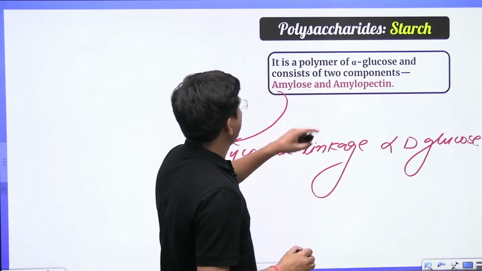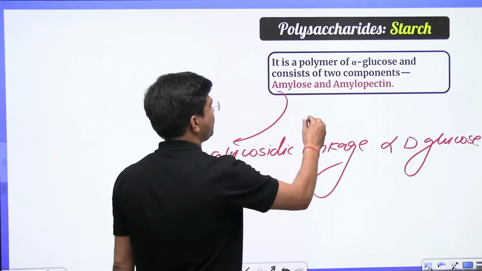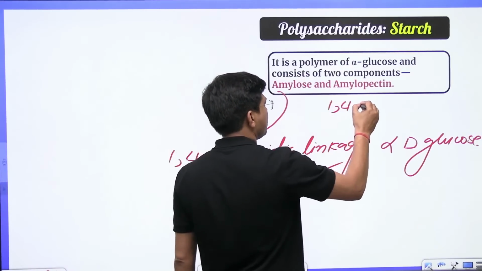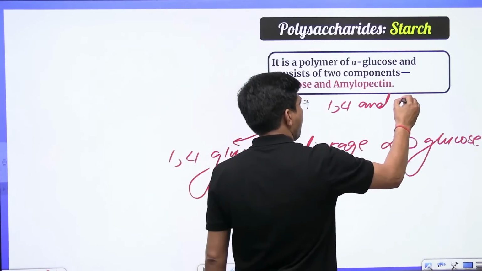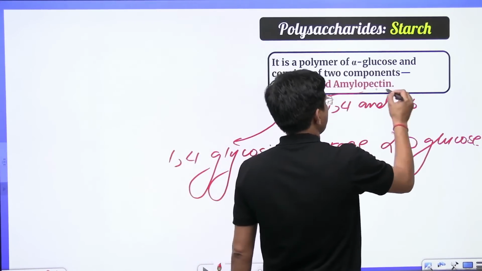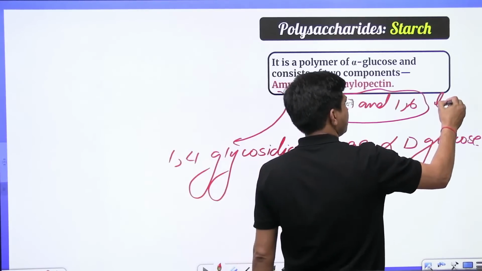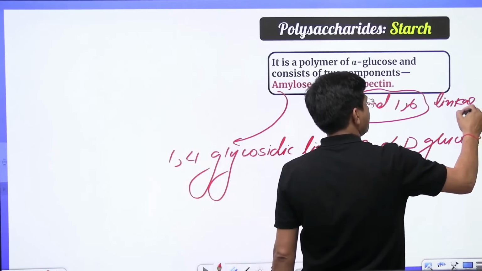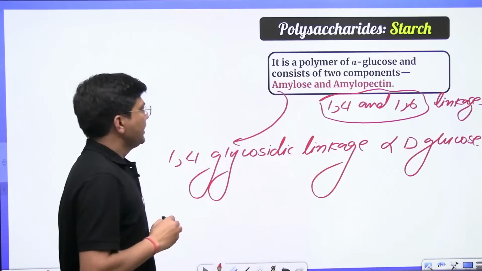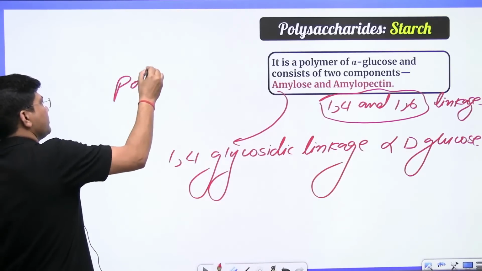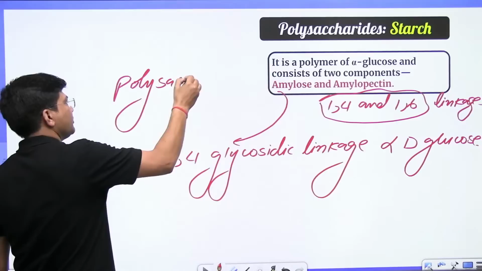And amylopectin is made up of 1,4 as well as 1,6 linkage of alpha D glucose. So they are polysaccharides.